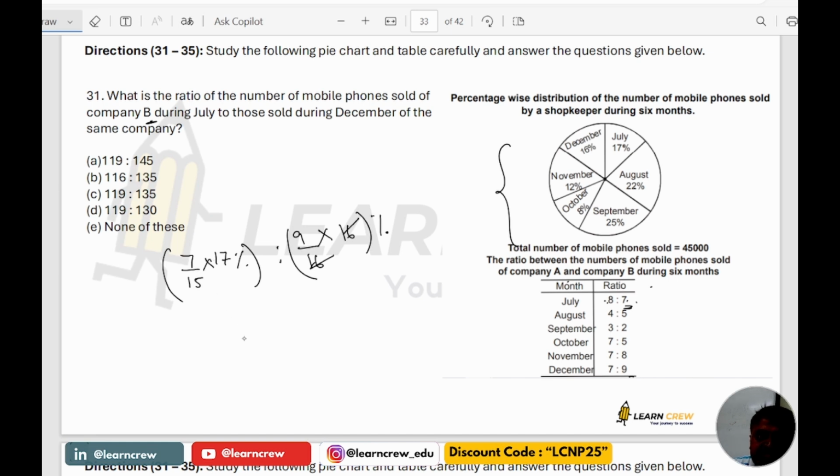Now 7 times 17 is 119. The percentage also cancels. 119 is to 15 9s are 135. So 119 is to 135 is the answer. That is option C. Option C is correct. Now next.